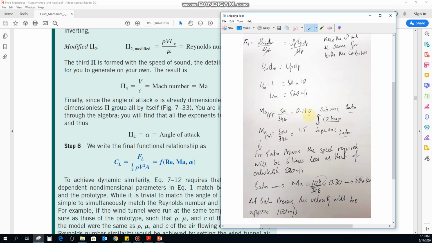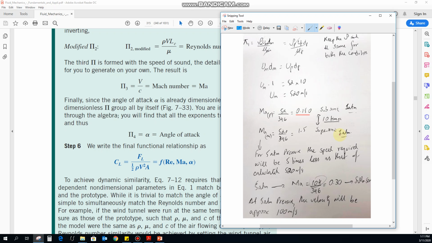So the Mach number calculated for the prototype is 0.15, that lies in the subsonic range at 1 atmospheric pressure. Now for the velocity of the given model, that could be 520 meter per second. If you calculate the Mach number here, it becomes equal to 1.5, which lies in the subsonic range at the pressure of 1 atmospheric.